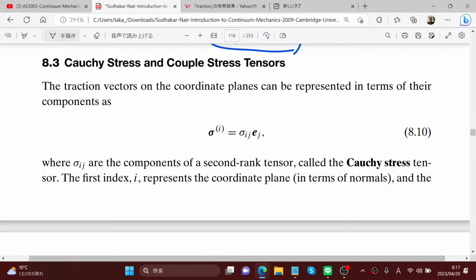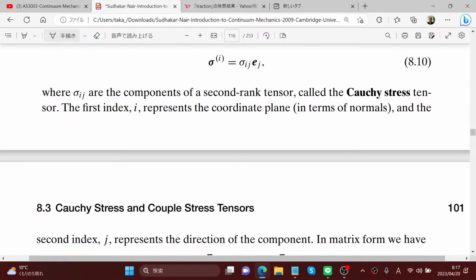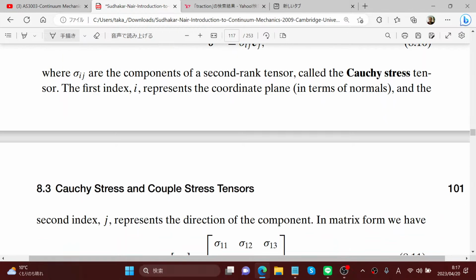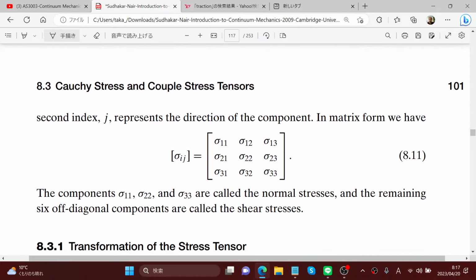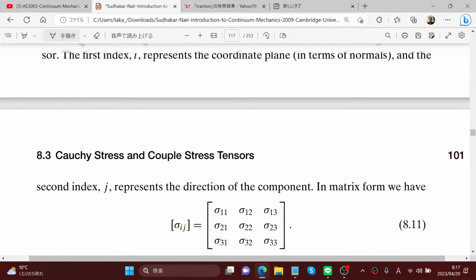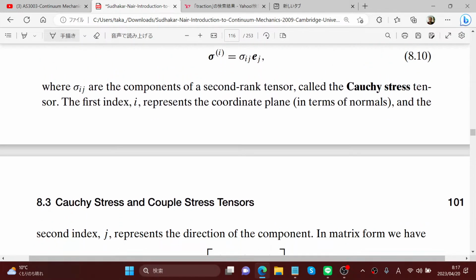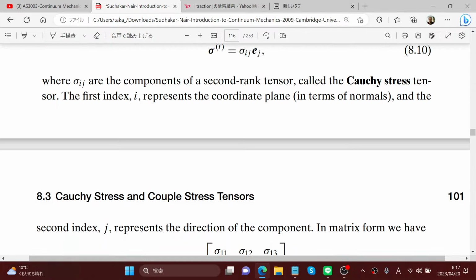The first index i represents the coordinate plane in terms of normals, and the second index j represents the direction of the component. Interesting.